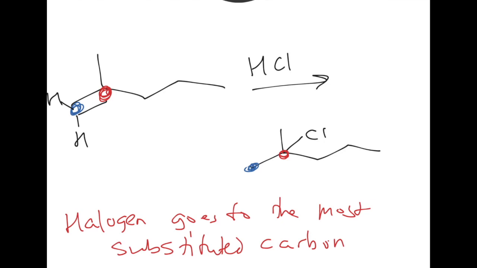Markovnikov's rule says look for the carbon with the most hydrogens. Put the hydrogen there. But you can turn that around and say look for the most substituted carbon, put your halogen there. And it just works out that by putting your halogen on the most substituted carbon, you're also making the most substituted and as a result most stable carbocation.